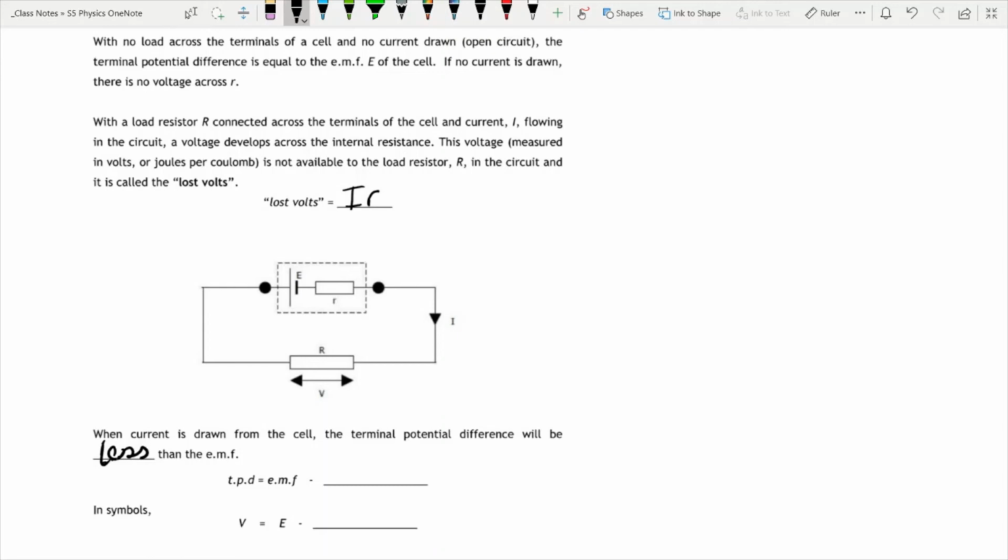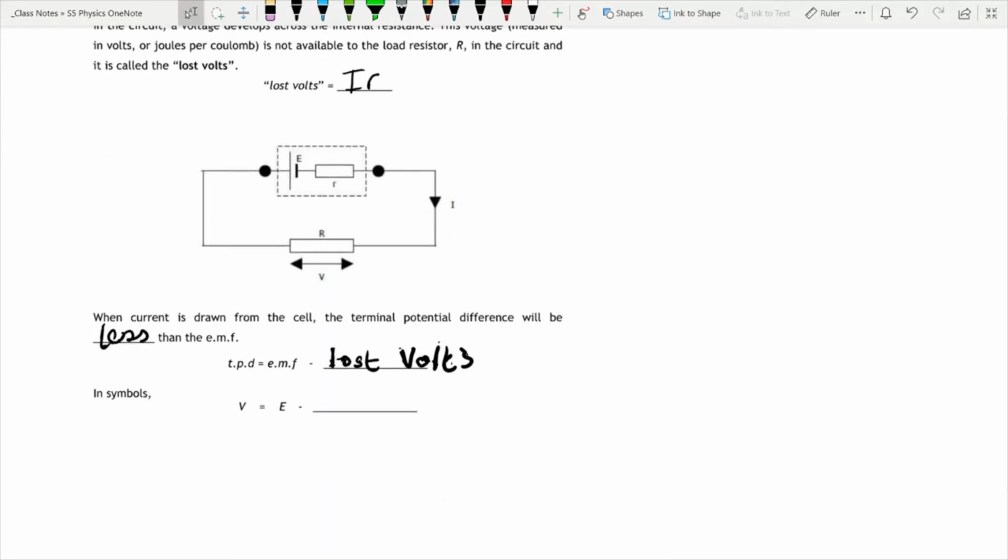So the terminal potential difference is the EMF take away the loss volts. In other words, the EMF in total is the terminal potential difference plus loss volts.